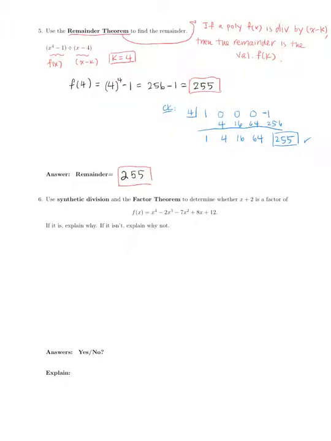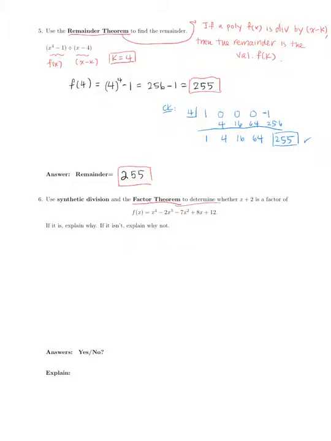All right. Number 6, use synthetic division and the factor theorem to determine whether x plus 2 is a factor of that function right there. Now, if it is, explain why. If it isn't, explain why not. All right. So let me just jot down what the factor theorem is. Please also memorize this.